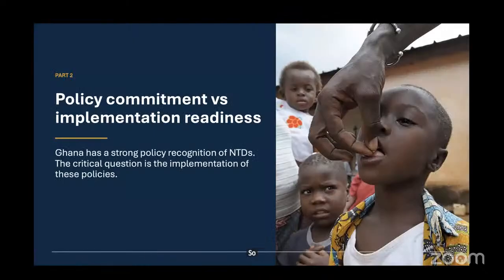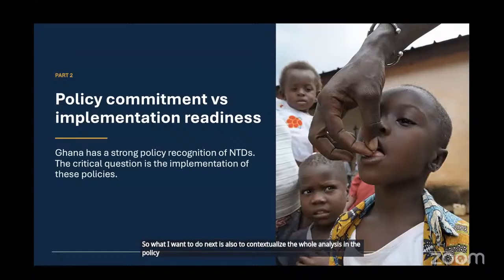So what I want to do next is also to contextualize the whole analysis in the policy space. I think our first speaker clearly highlighted a number of strategies and policies that previously have been rolled out from the global level to the regional level to the national level. Policies do exist.